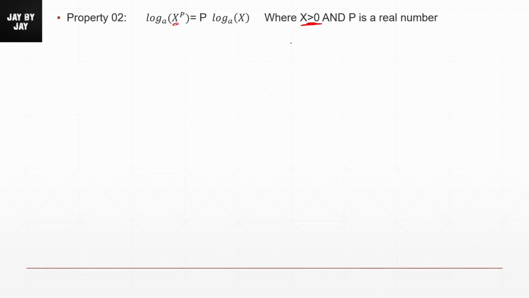So the first thing I am going to do in this session is prove this concept, actually proving this rule. So what do we need to prove? We need to prove log base a of x to the p equals p log base a of x.